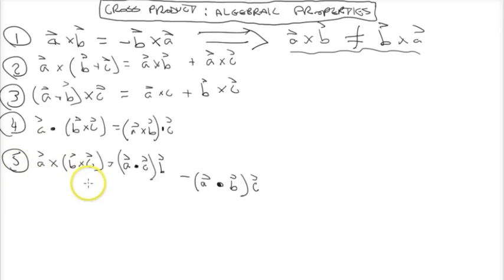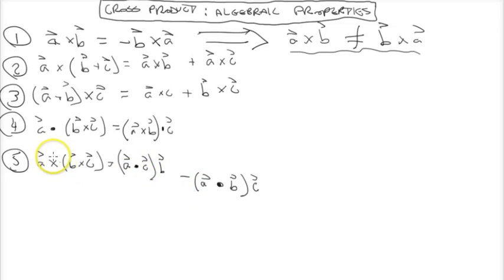Now number 5 is important. You take the cross product between A and another cross product of 2 vectors, and you can end up not having to use a cross product at all. You use the dot product and multiply it by a vector minus a dot product multiplied by a vector. So even though there are 2 dot products here, you may say, oh, hey, that's weird.